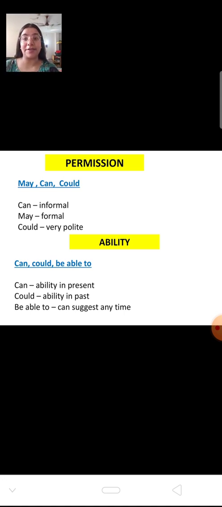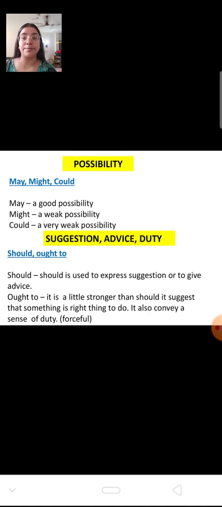Ability in past: when we are talking about something in the past, and especially about the ability of someone. "I could do that in my childhood." So this is how could is used. Be able to can be used for any time. We can use be able to at any time.